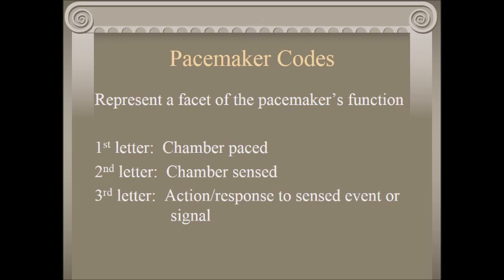Once again, A equals atrium, V equals ventricle, and D equals dual, atrial and ventricularly. Occasionally you will see an O for none, meaning that no chamber, atrial or ventricular, is sensed. And the third letter is the action or response to a sensed event or signal.